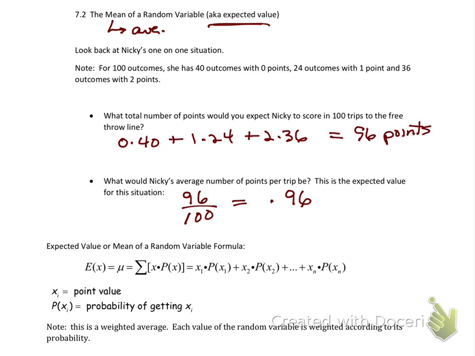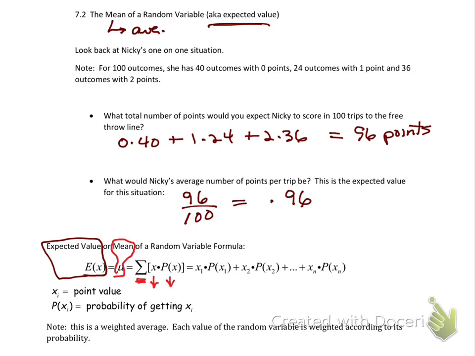Okay, so then let's talk about expected value or mean of a random variable. Notice that this is expected value and this is mean. They mean the same exact thing. To get that, you sum up all of the points times the probabilities.